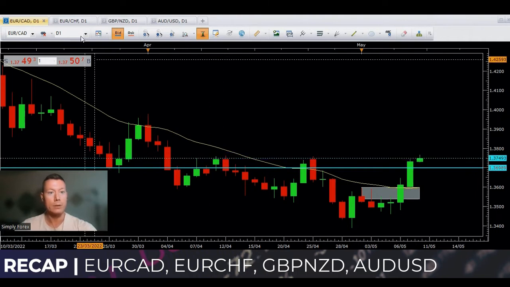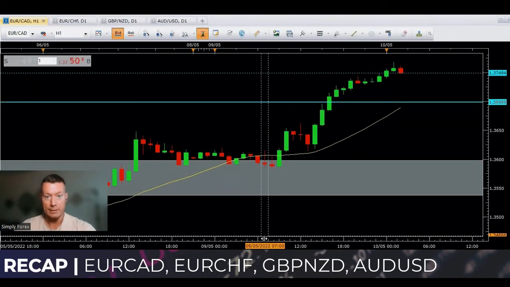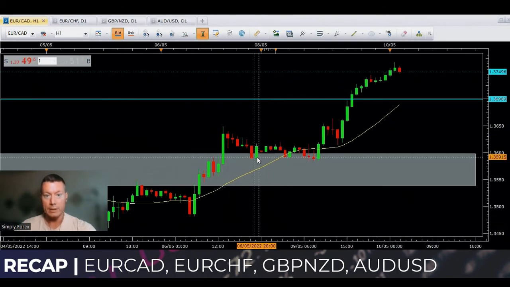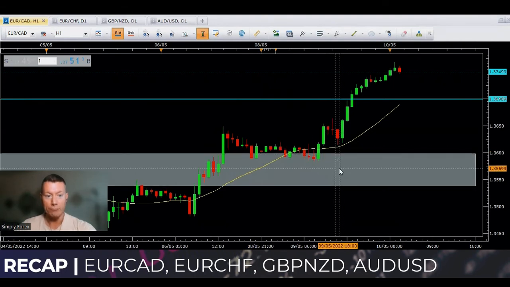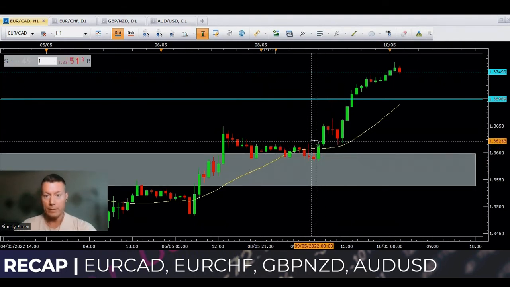So let's look at H1 for execution to see how we got in on this fantastic trade. As you can see, guys, price came back to our grey zone, and by the time I had risen from my pit, sorry guys, we had this candle form at 9 o'clock GMT. A perfect bullish engulfing candlestick pattern.